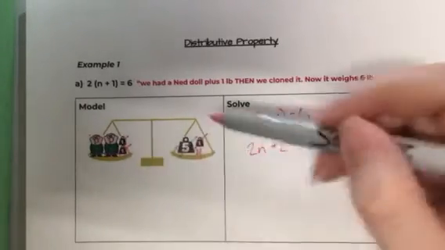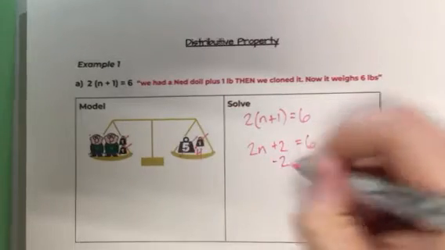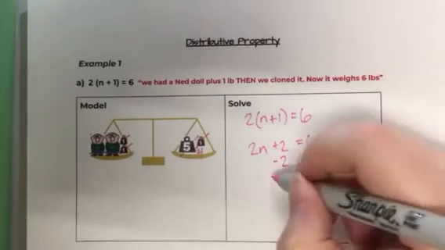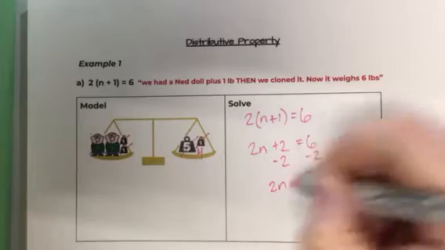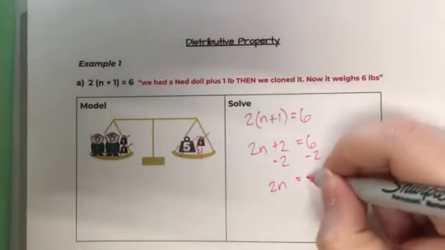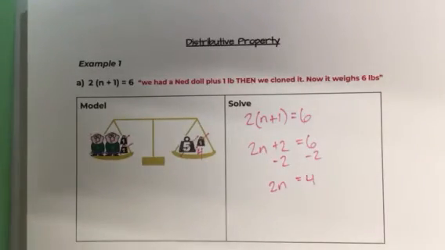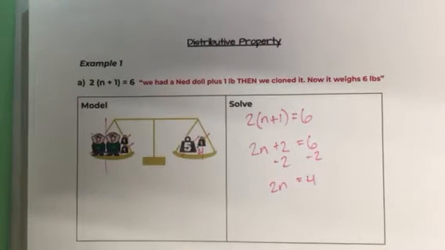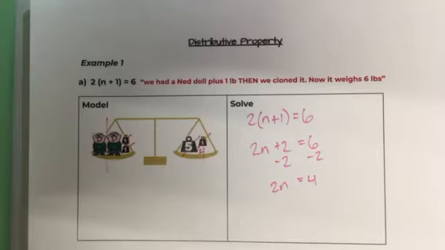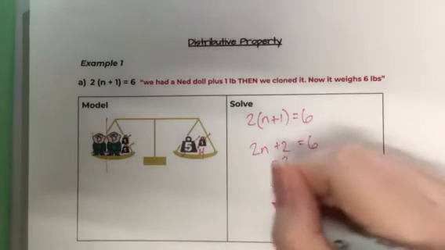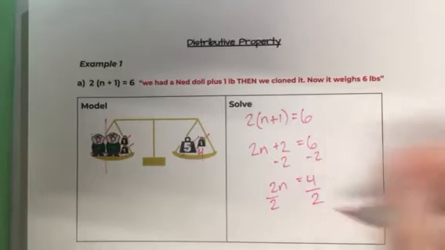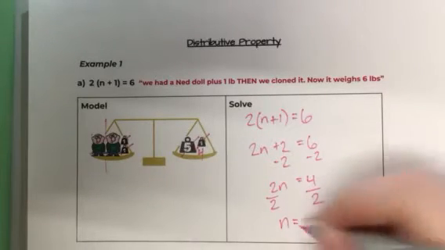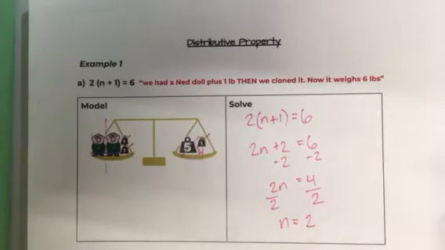Then we took the 2 pounds off of each side. I was left with just 2 Neds and 4 pounds on that side. Then I need to separate them because I only want the weight of 1 Ned doll. So if I divide that side by 2, I have to divide this side by 2, and I get the Ned doll is equal to 2 pounds.